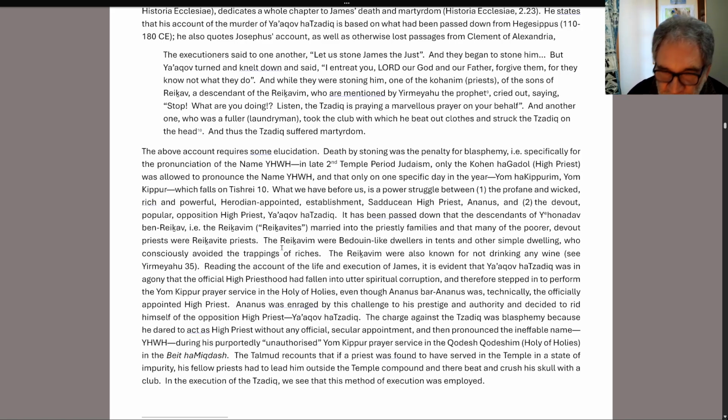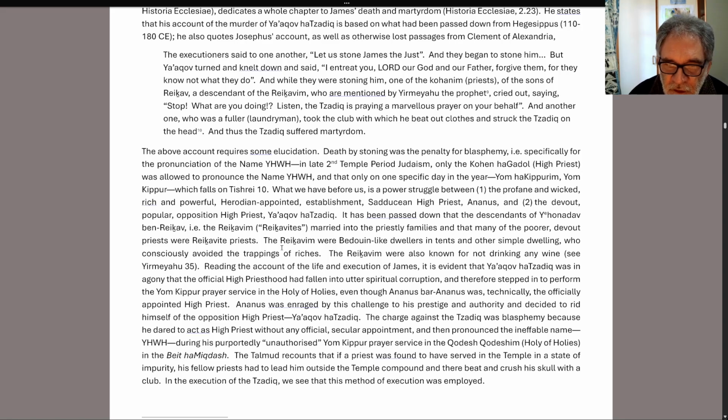Ananus was enraged by this challenge to his prestige and authority, and decided to rid himself of the opposition high priest, Yaakov Tzaddik. The charge against the tzaddik was blasphemy, because he dared to act as high priest without any official secular appointment, and then pronounced the ineffable name Yod-Heh-Vav-Heh during his purportedly authorized Yom Kippur prayer service in the Kodesh Kodeshim, Holy of Holies of the Beit HaMikdash.